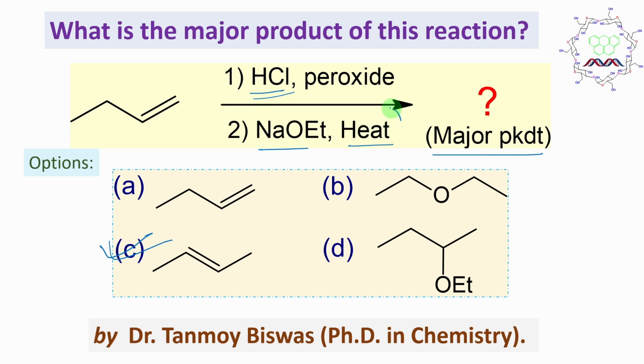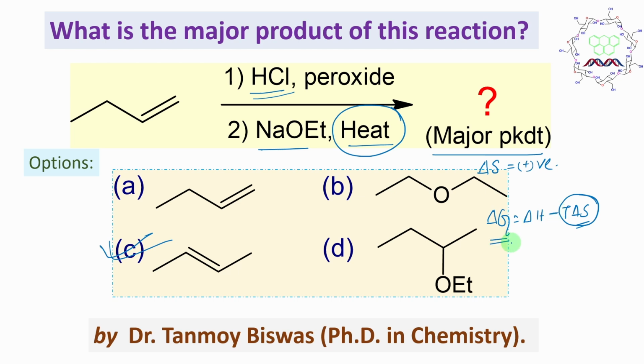Remember one thing, heating prefers elimination over nucleophilic substitution, because in elimination from one molecule I get two molecules, so that is entropically favorable, meaning entropy is positive, and we know the delta G expression is equal to delta H minus T delta S. So delta S is more positive, temperature higher, so obviously this T delta S part will contribute more towards the negative value because it already has a negative sign.